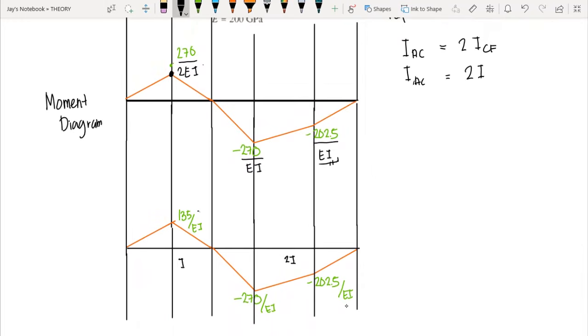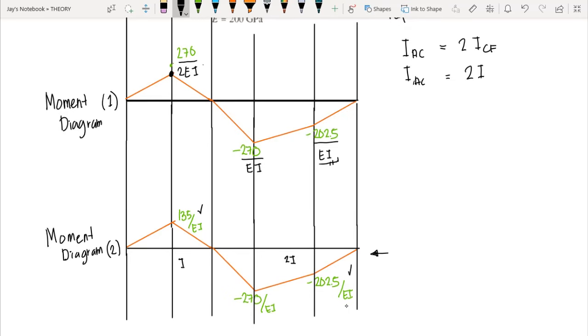We would have 135 over EI. And the rest of the moments will stay the same. So now we have our moment diagram after we apply the moment of inertia. This should be our moment diagram 2, and this one is our moment diagram 1. So this would be our new moment diagram.